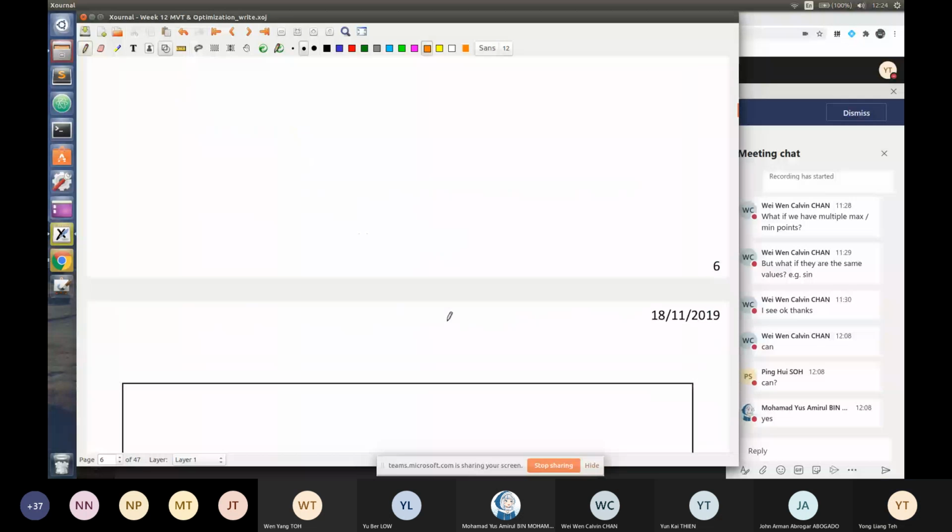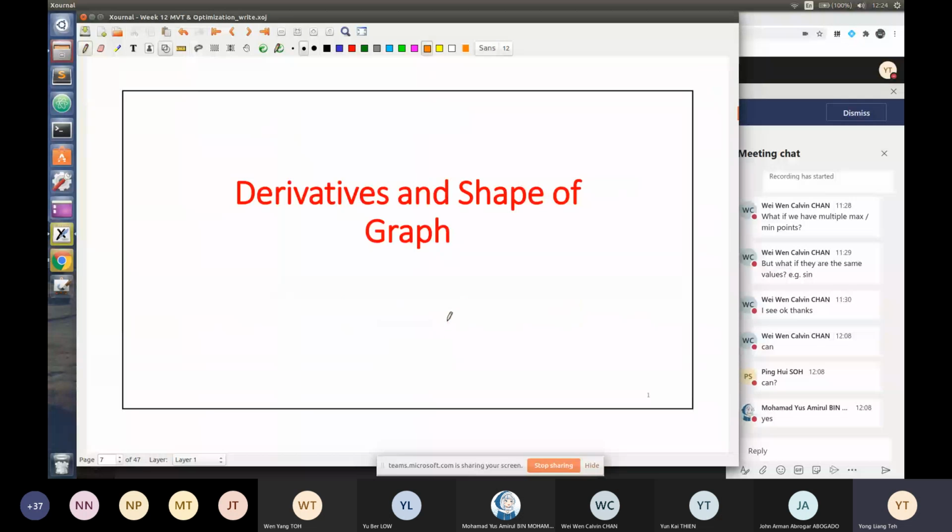We're going to move on to looking at concavity now. Previously we talked about derivatives equal to 0. When the gradient or slope is 0, you get a stationary point, maybe representing a maximum, minimum, or a point of inflection.